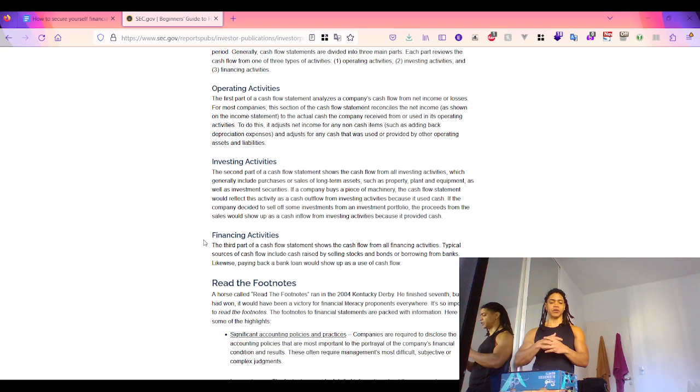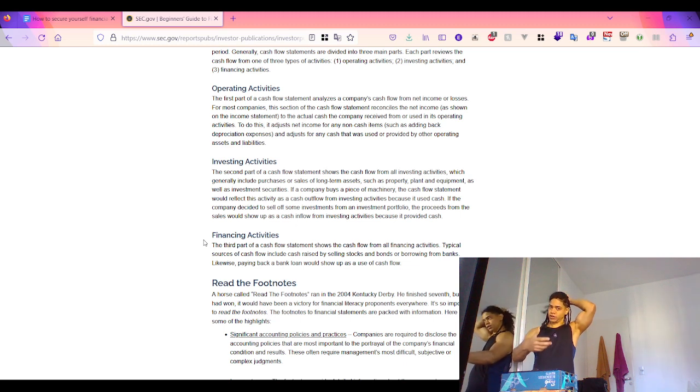Any activity that most of the time involves the purchase or sale of long-term assets, such as property, plant, or equipment, or selling bonds or selling stocks.